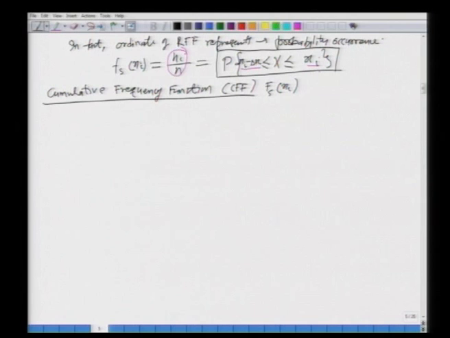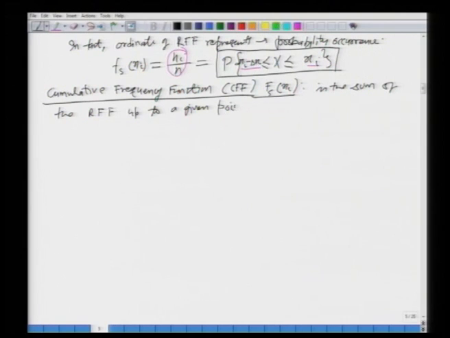If you integrate another function, in this case your RFF or the relative frequency function, the cumulative frequency function is nothing but the cumulative of your relative frequency function. So, it is the sum of the relative frequency function up to any given magnitude of your random variable.